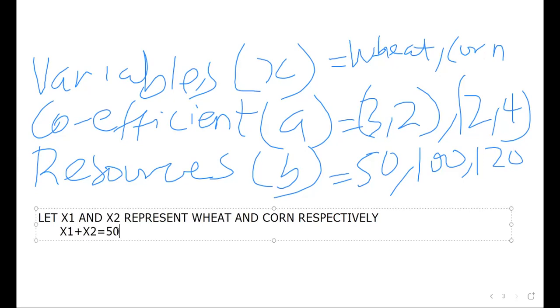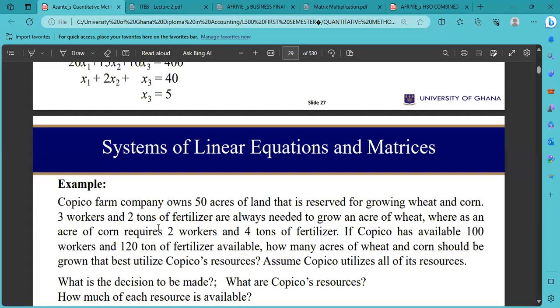Now we move on to the equation for workers. We go back into the question and take only the workers out of it. How many workers are working on wheat? 3 workers are working on wheat, and 2 workers are working on corn.